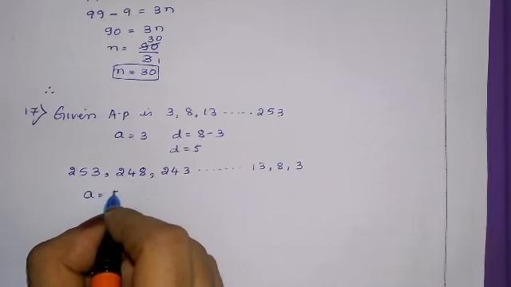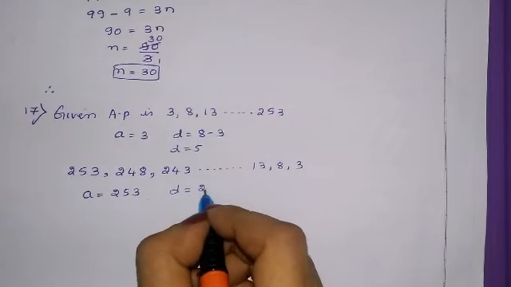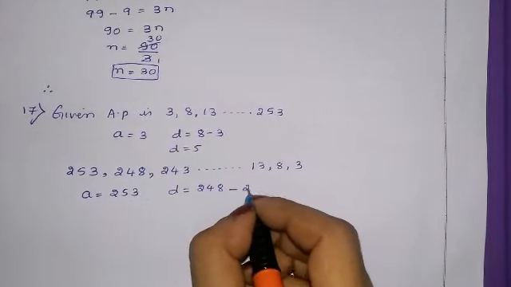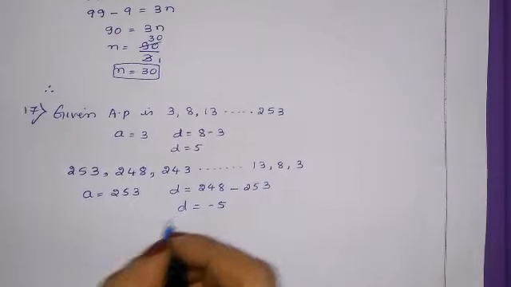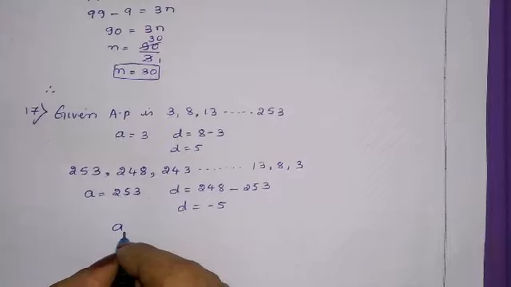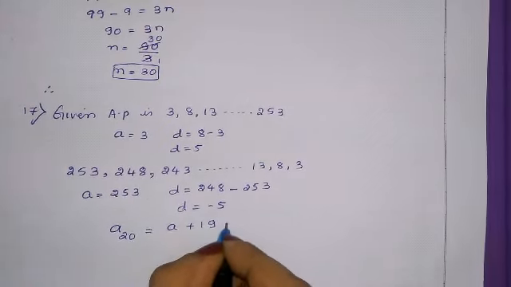A is equal to 253. D is equal to the second term minus the first term, 248 minus 253, so D is equal to minus 5. We know that A20 is equal to A plus 19D.